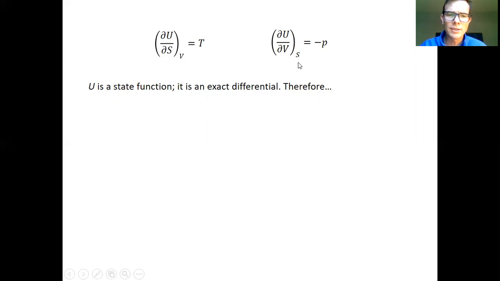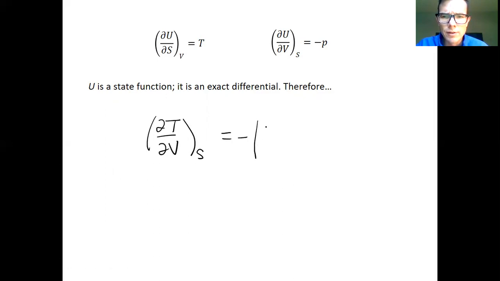But if I take the cross derivatives, that will tell me that the partial of T with respect to V at constant S, again, I'm differentiating this function with respect to the flip of these two variables, is equal to the partial of P with respect to S at constant V.